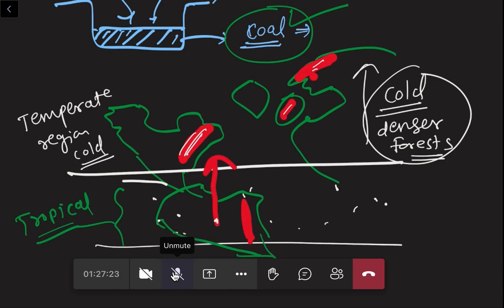Drifted means America moved upward, northwestward. Even Britain was earlier here in the tropical region. It moved towards here. That means the formation of these things was at a different location, and today they have moved from that region, and now we find these evidences, that here is coal and all.